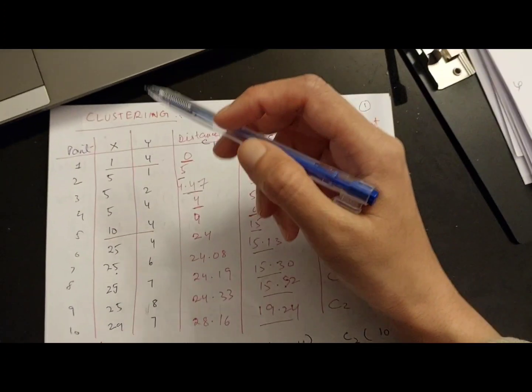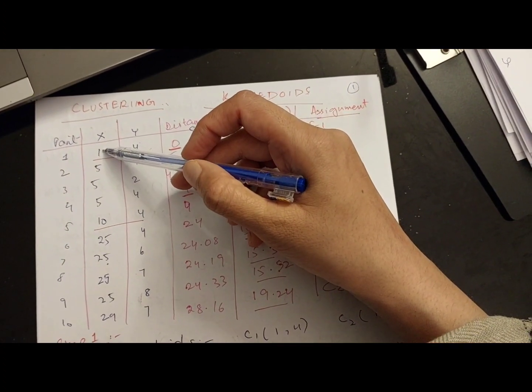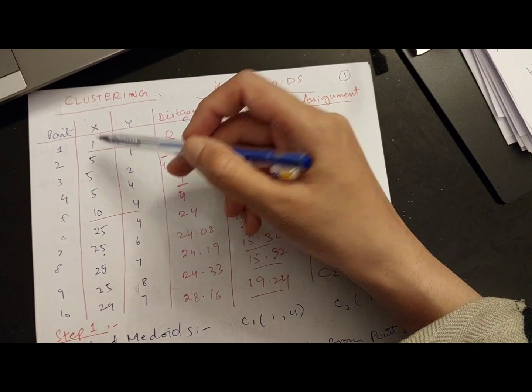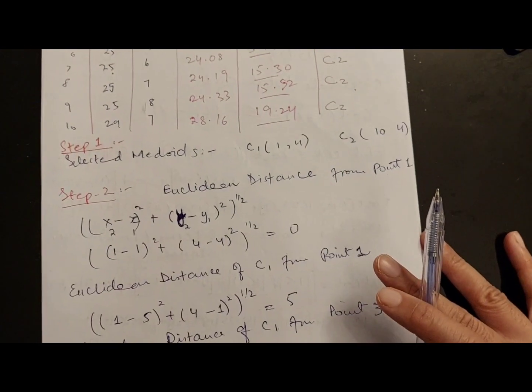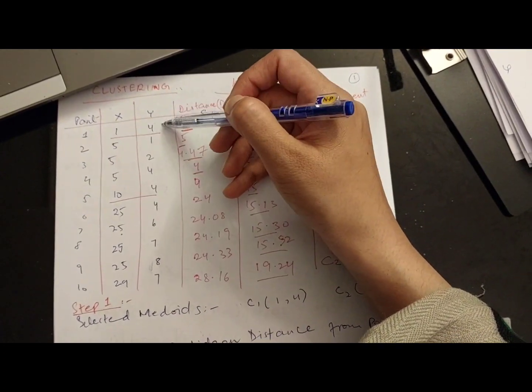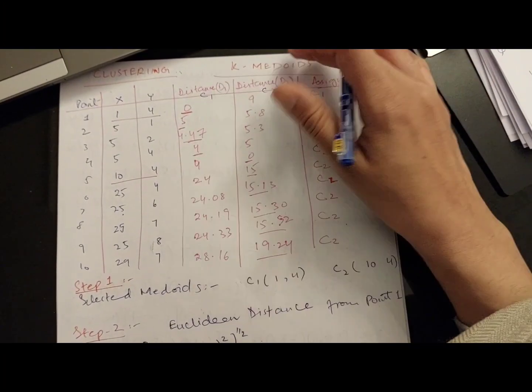You can see it from here that we have done 1 minus 5. What is this? Yes, 1 minus 1, because the first point is my medoid, so 1 minus 1, and 4 minus 4, so it comes out to be 0.